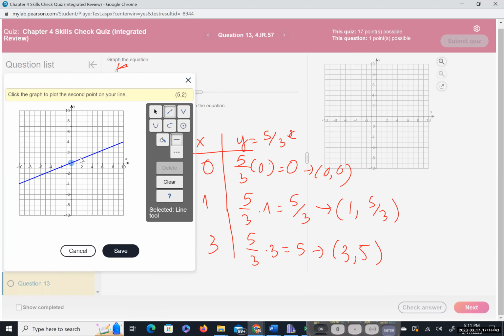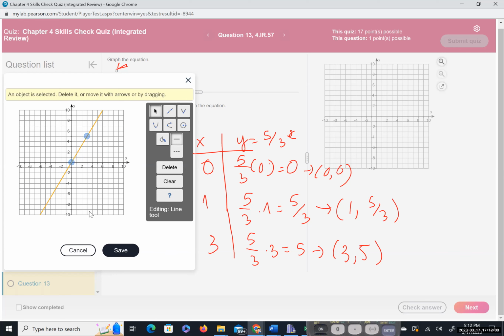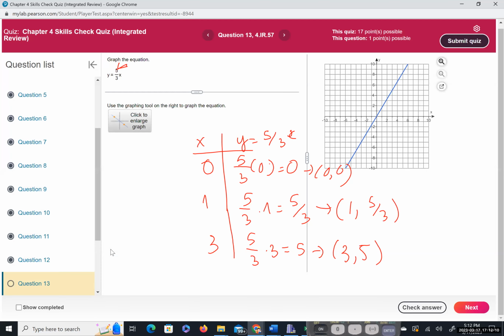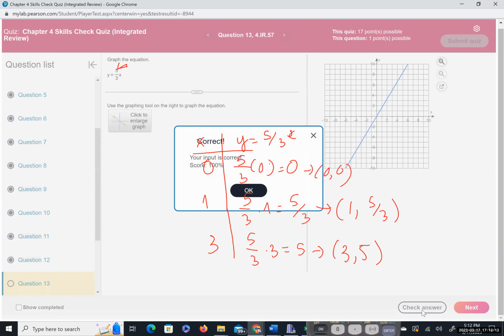I see that I can have 1 here, right, and 5/3. Is there any way I can do that? No way. They do not let me do that. So I'm going to choose 3, 5. So 3 and go up to 5. There we go. That's one. I'm going to save that and check my answer. It's going to be perfect.